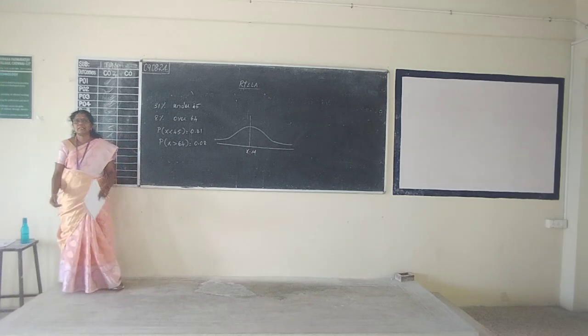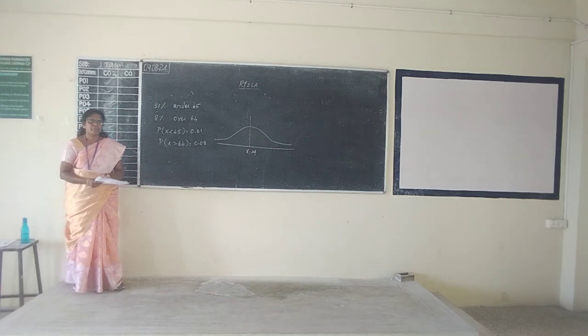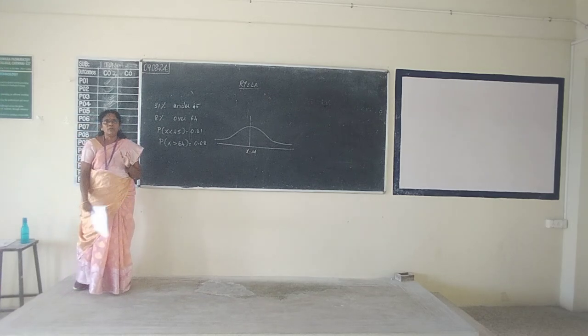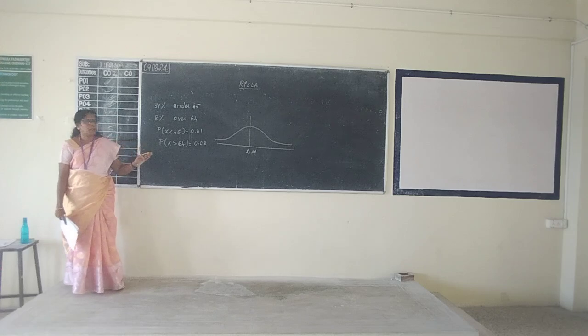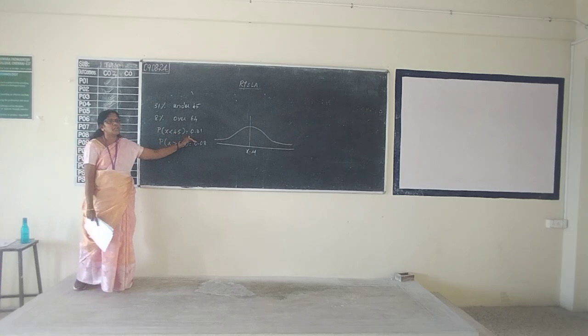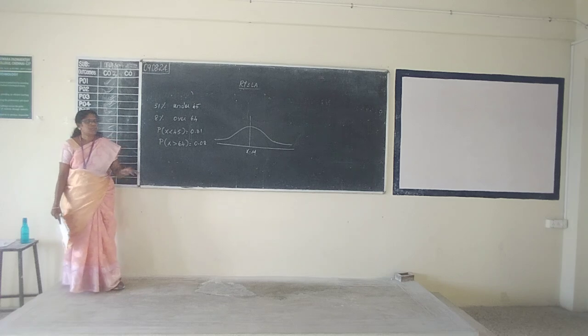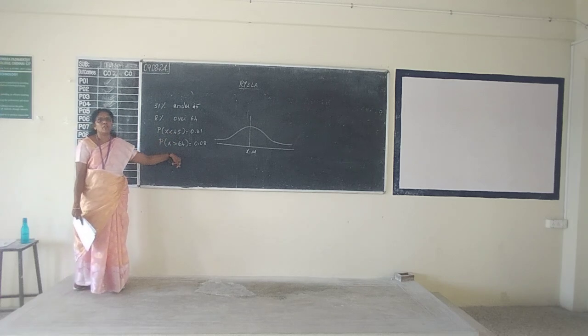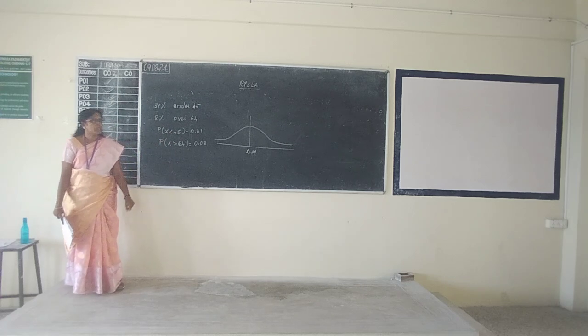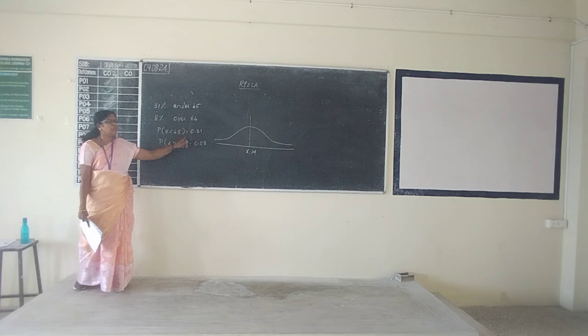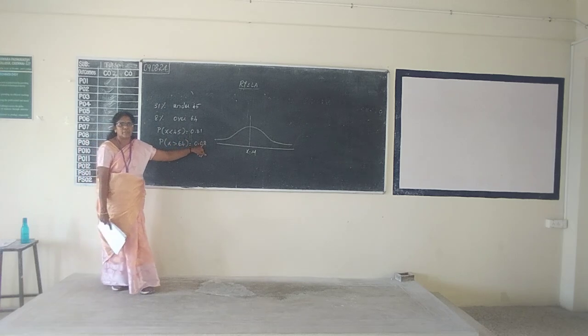In terms of x, the midpoint is the mean value. Now you have to mark clearly in the curve where this 31% will be and where this 0.08 will be, that is, where to mark 45 and where to mark 64. What is given? X less than 45 is 0.31.